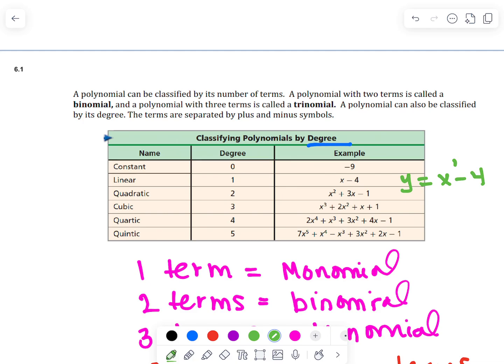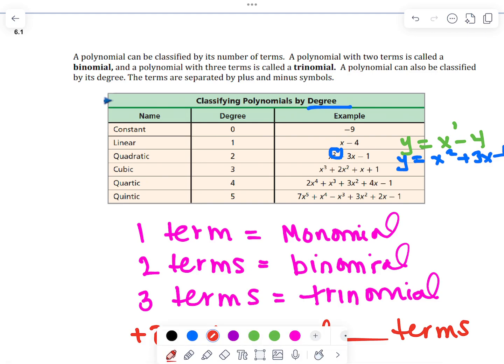And that's what we spent a lot of the first couple chapters of our course. The next degree is 2, y equals x squared plus 3x minus 1. That is a quadratic function. It has a degree of 2, so those are the shape of a parabola. What we're going to see in this chapter is a cubic function, a degree of 3, a quartic function, a degree of 4, and a quintic function, a degree of 5.